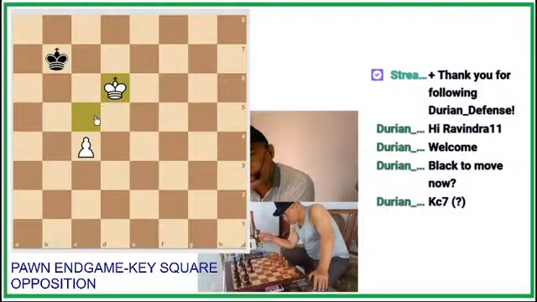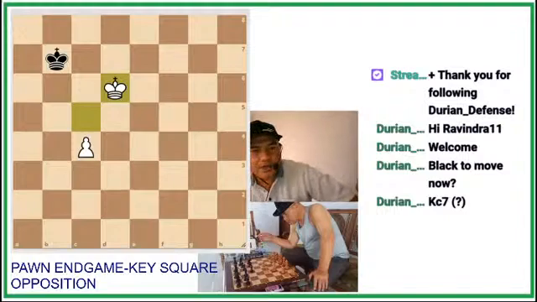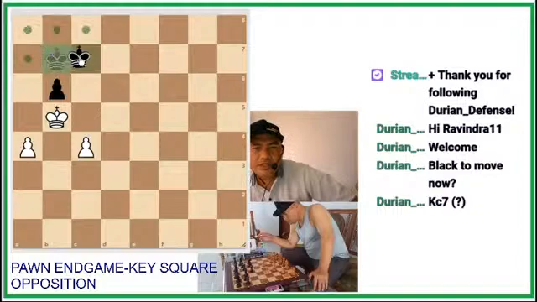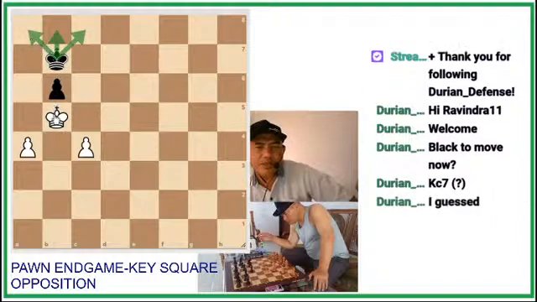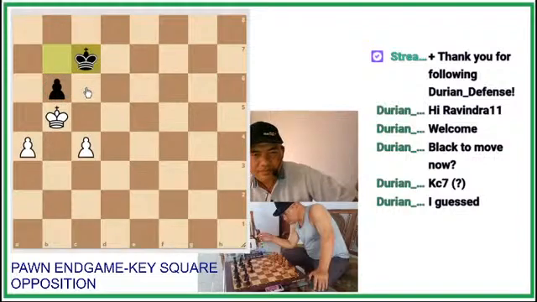That's right, Durian. You made the right move. So what happened with this c7? Of course, black cannot retreat his king because his pawn will be taken. So to c7, right? I guess you are right, Durian.